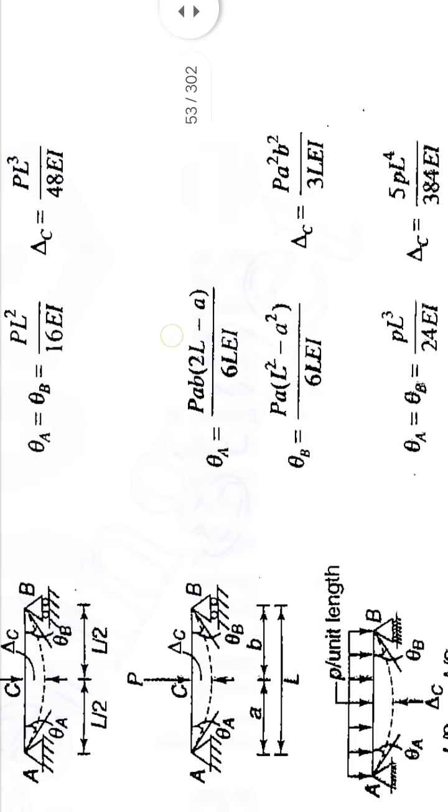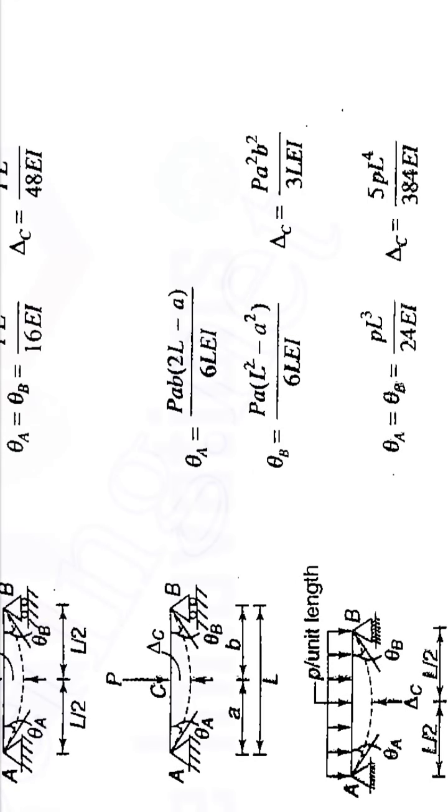If you have a point load acting eccentrically, at a distance of a from support A and b from support B, then the theta a value is Pab into (2L minus a) by 6LEI.